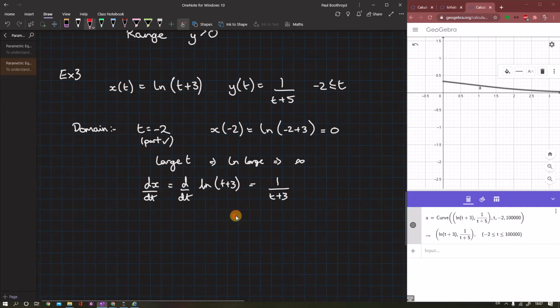We're going to assume that there is a point where this has a minimum or a maximum. 1 over t plus 3 equals 0. No matter how you rearrange it, we wind up getting to 1 equals 0, which is impossible. So by contradiction, we've now shown that there is no minimum point.